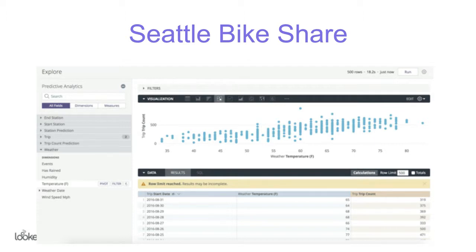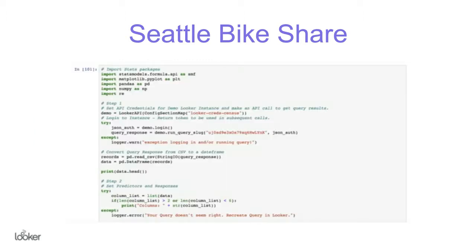So let's pull this data into Jupyter Notebooks via the Looker API, and let's apply a model on it. If we decide that we need to pull in different dimensions, so we've pulled in temperature and we've pulled in trip counts. So say we want to see how humidity affects the trip count, we can easily go back into Looker and just click on that particular field and send that data directly into Jupyter Notebooks and update the model.